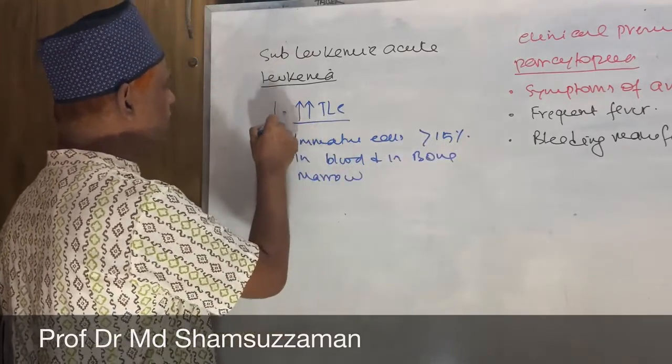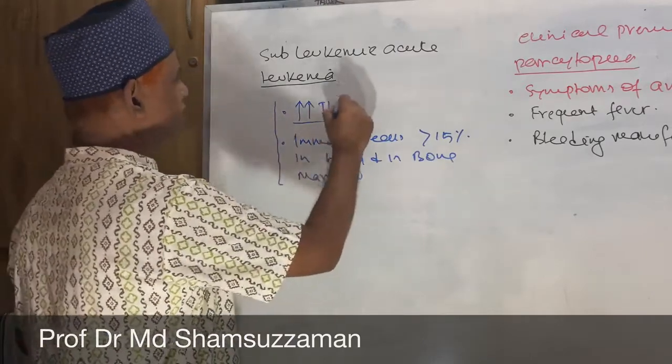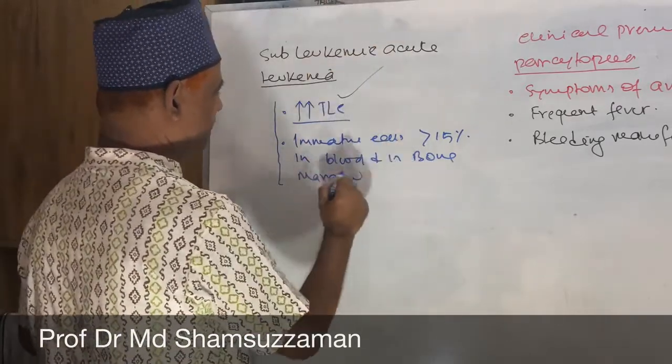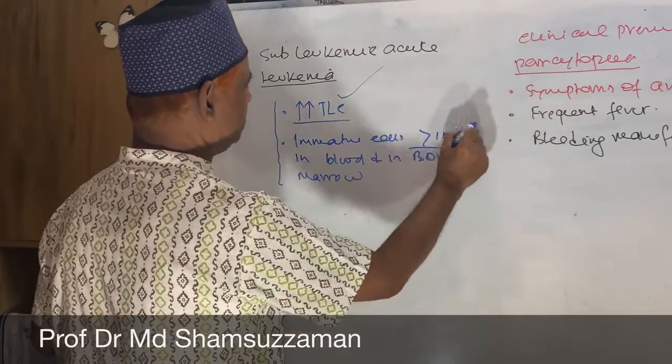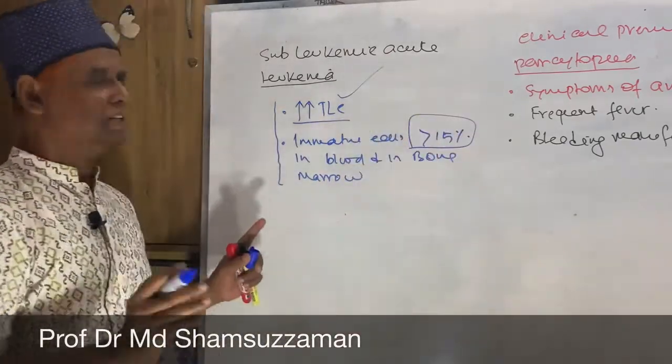So, in leukemia there is leukocytosis, increased TLC, and in bone marrow and in blood more than 15% blast cell or immature cell. This is leukemia.